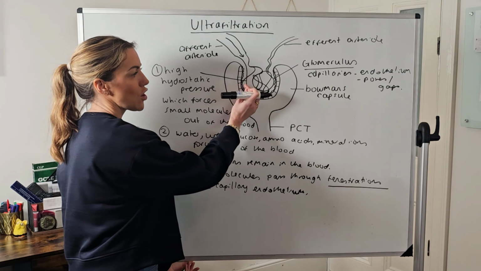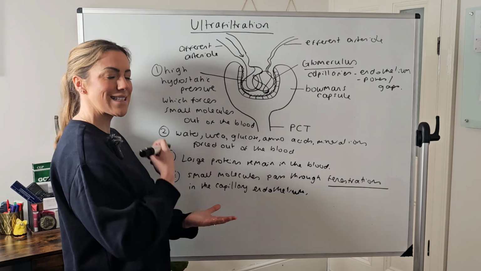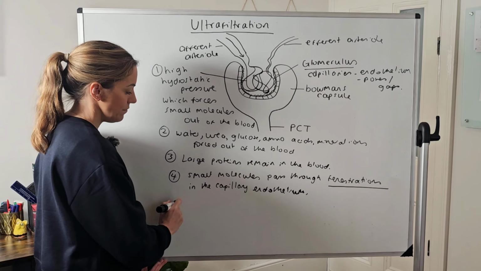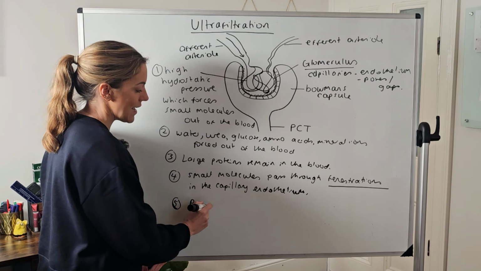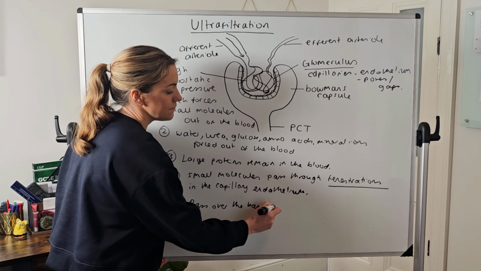So now they've got over the first layer of the filter, if you like. They've passed out through the gaps in the capillary wall, but then they also need to pass over the basement membrane.